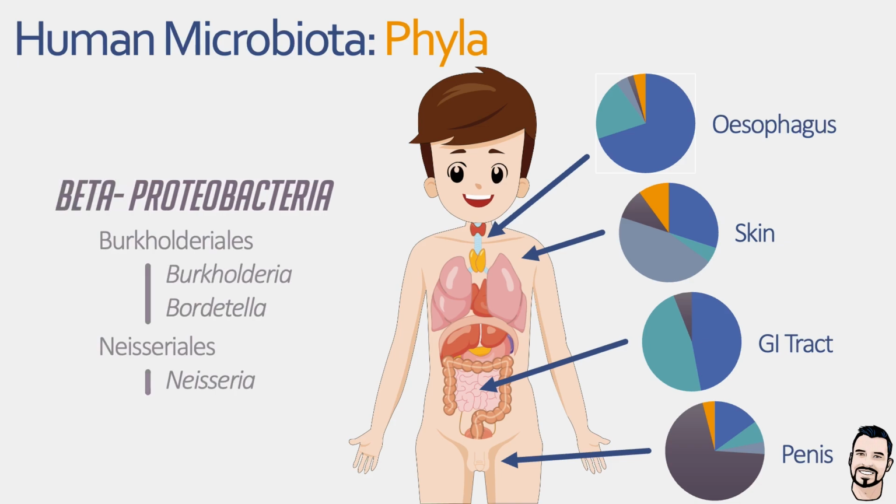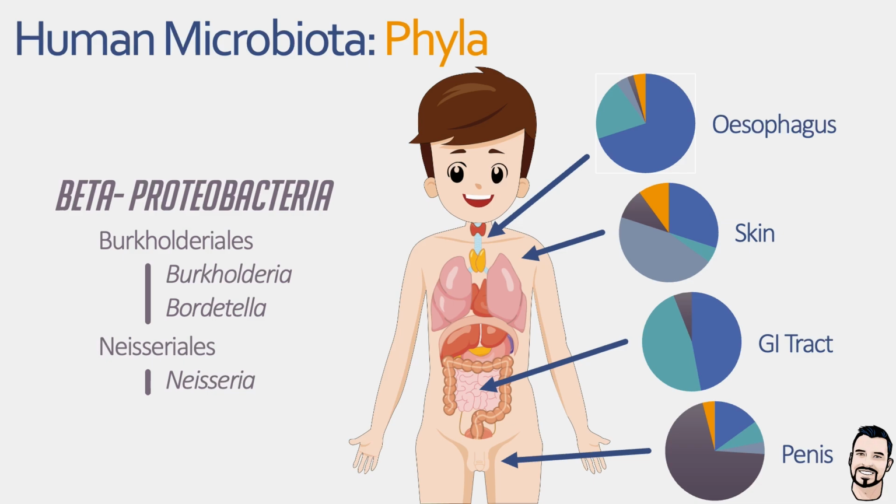And so first up, we have the beta proteobacteria, where we find several important orders, including the Burkholderiales and the Neisseriales. Now, the Burkholderiales include genera such as Burkholderia and Bordetella. Some species are harmless environmental organisms, whilst others, such as Burkholderia cepacia or Bordetella pertussis, can act as opportunistic pathogens, particularly in individuals with underlying respiratory conditions.